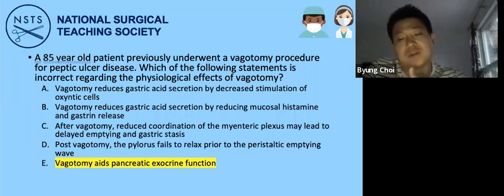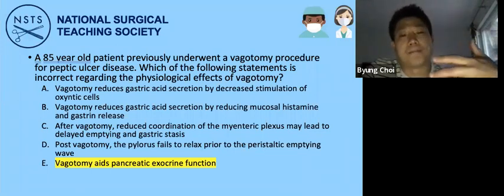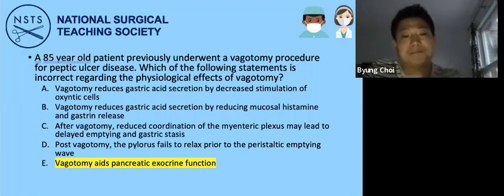The process by which the parasympathetic nervous system drives rest and digestion is going to be uncoordinated, because now you're going to have the gut's nervous system, which is your myenteric plexus, increase peristaltic activity, but also the pylorus. If a pyloroplasty hasn't been done and it's just a vagotomy, it may not relax in tandem.